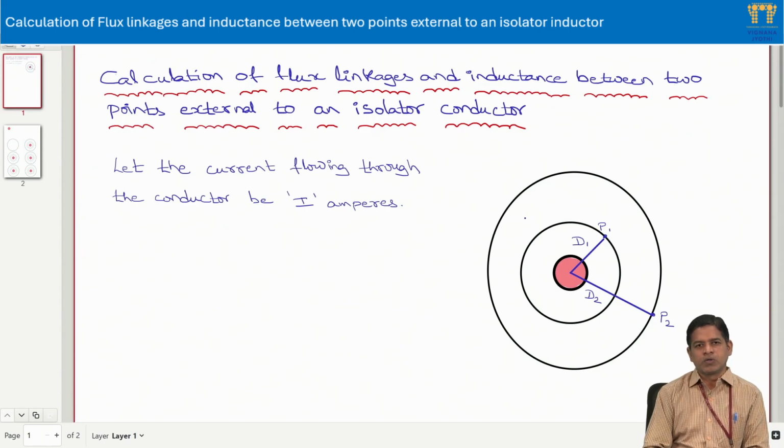So I consider 2 circular paths separated by a small differential distance.